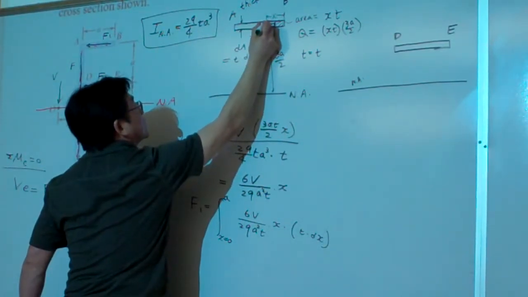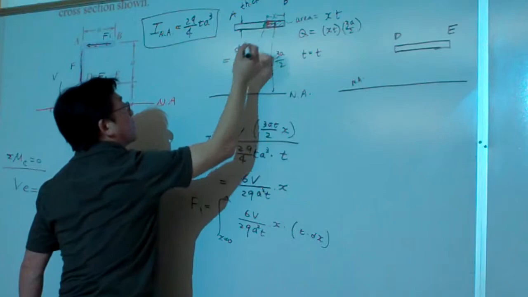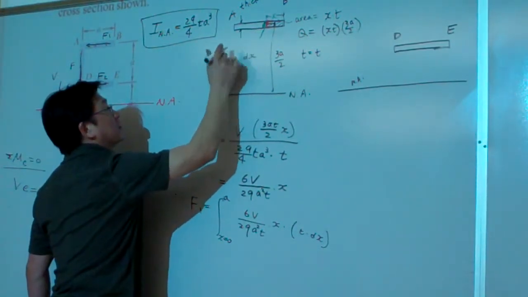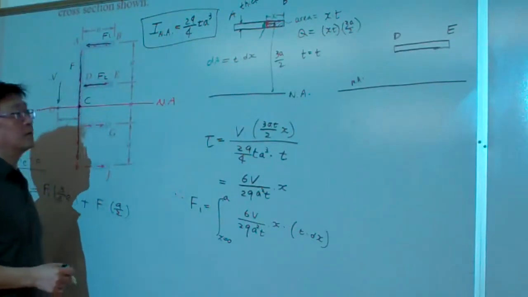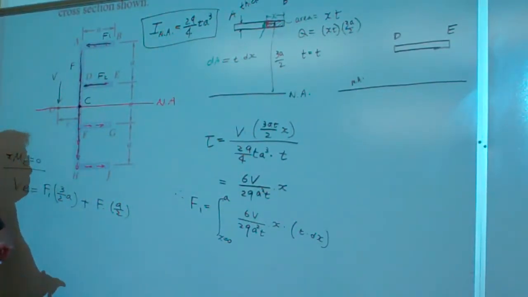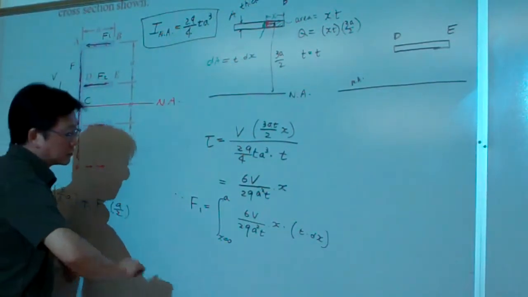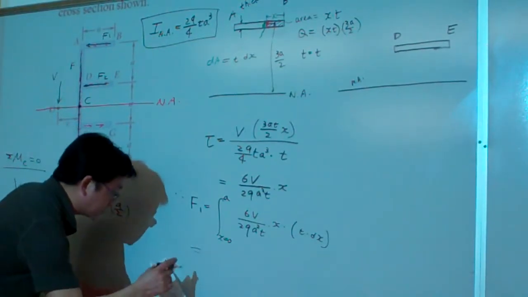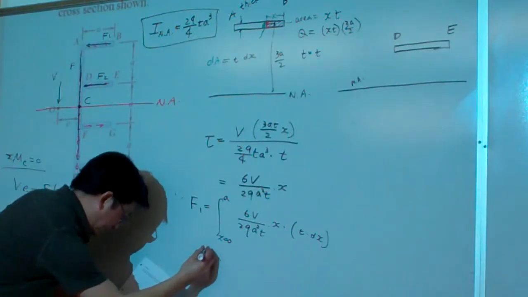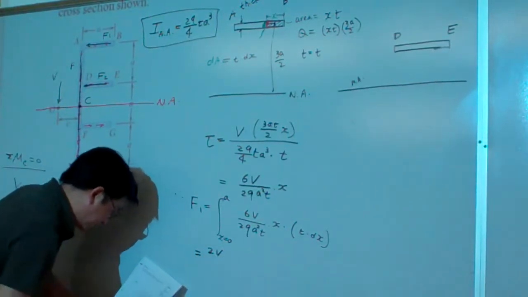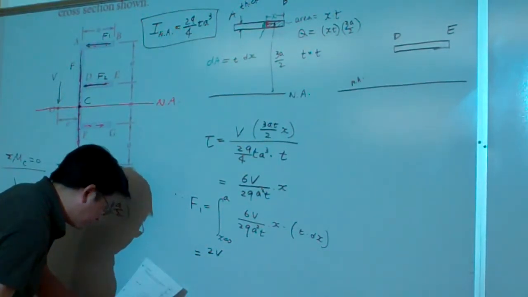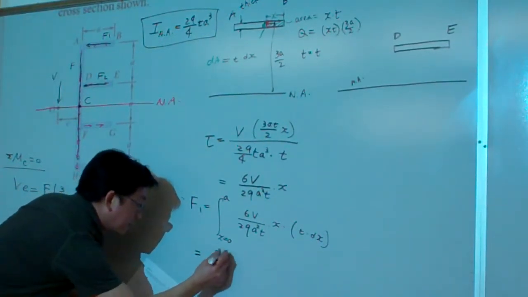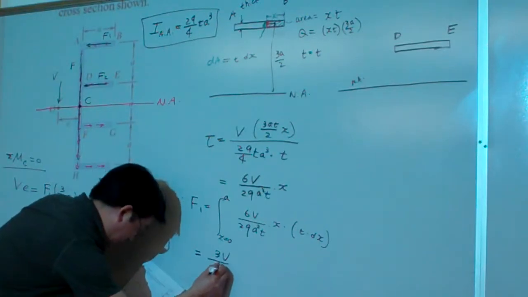The shear stress multiplied by the small area gives us a small force, and that small area is dA. So we do the calculation, and this one can be found to be 3V over 29.